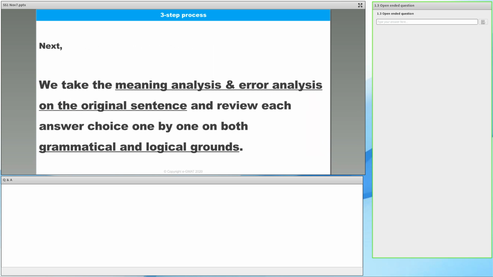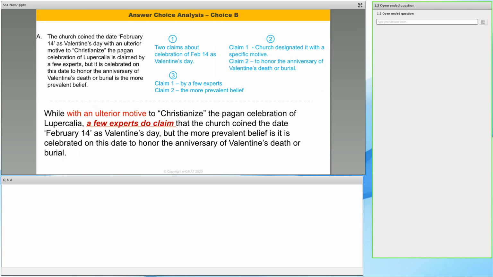So we have the meaning, we understand the error. Let's look at choice B over here. 20% of you chose choice B. While with an ulterior motive to Christianize the pagan celebration of Lupercalia, a few experts do claim. According to the intended meaning, who had an ulterior motive? The church or a few experts?